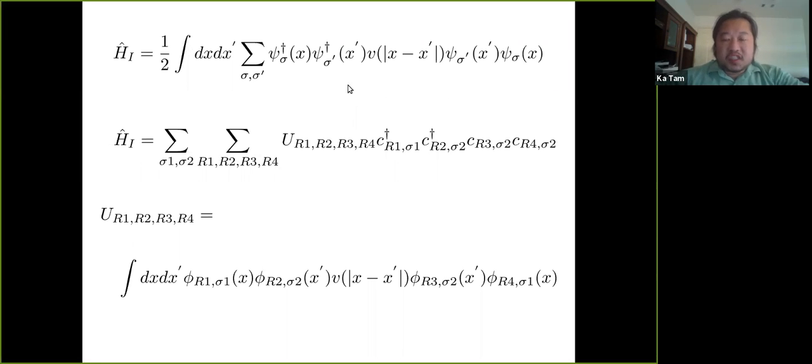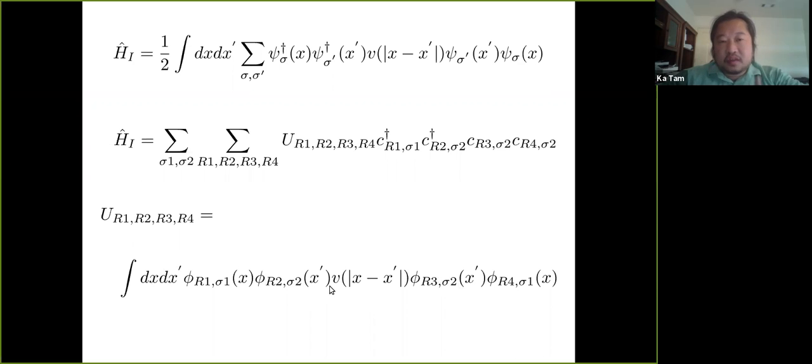Okay, something similar for the interacting term, but now the integral is a double integral. And here is how you justify the Hubbard model, because the interaction presumably decays very quickly. Because the matrix element involves a double integral here, you can assume the integral decays even more quickly than the kinetic energy term.